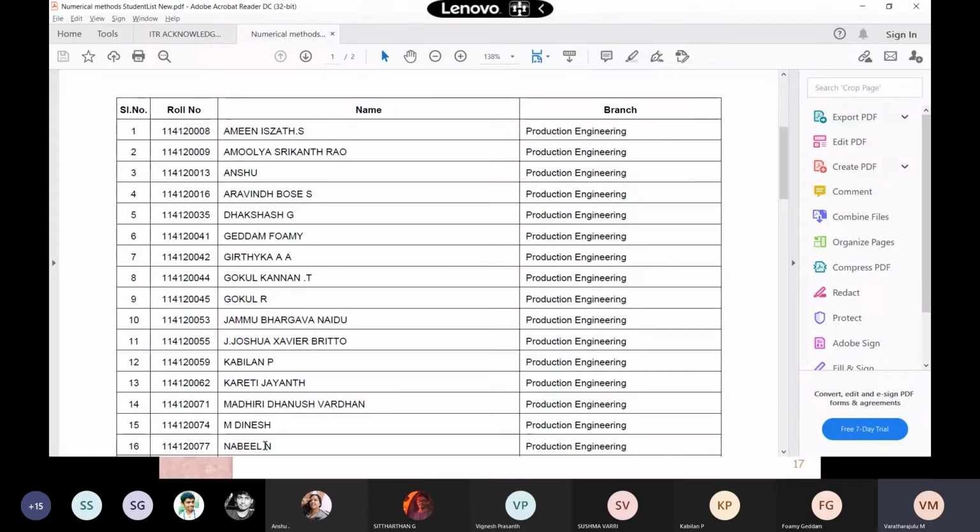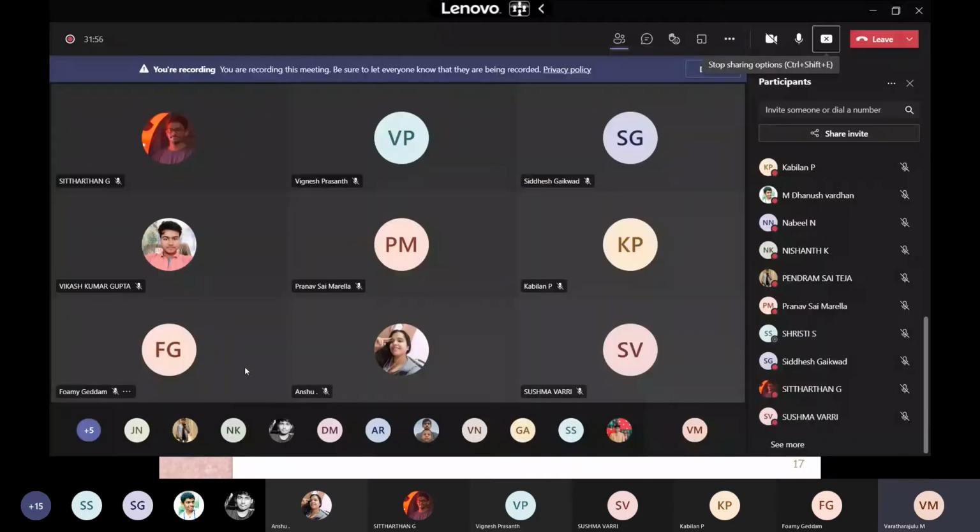Kabilan and Jayant, number 62, calculator? Sir, I have no calculator, sir. You are without a calculator, how is it feasible to attend numerical methods? My brother took it, sir, he will give it to me today.